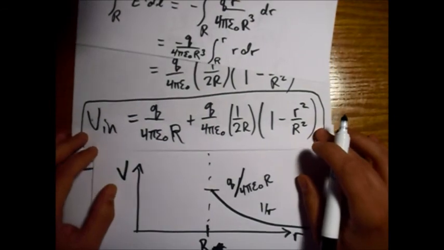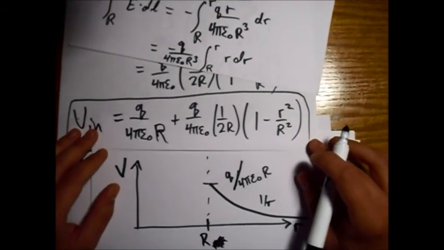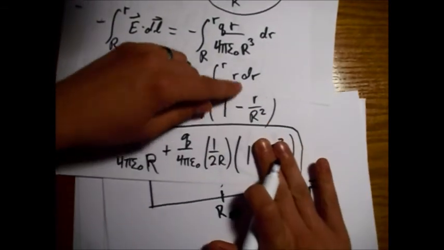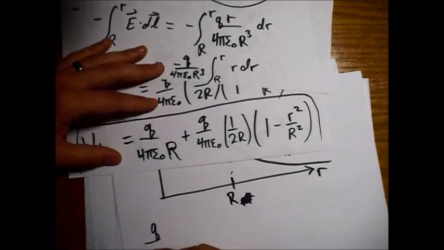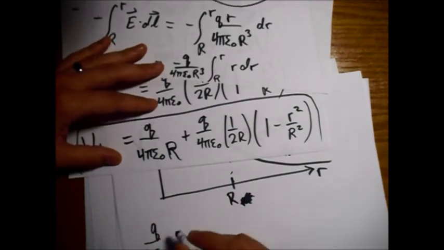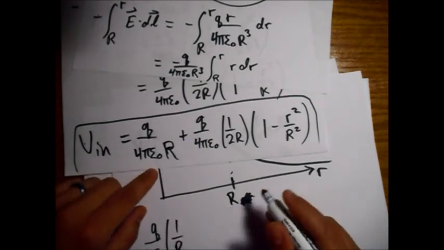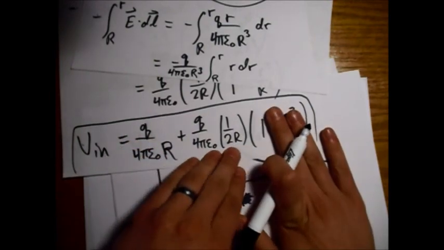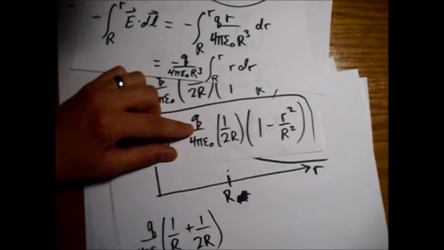All right, and inside that, let's take it when we go to 0. When little r is 0 here, then we just have a Q over 4 pi epsilon naught. We have a term of 1 over big R, and then we only have this term here, which is 1 over 2 big R, right?